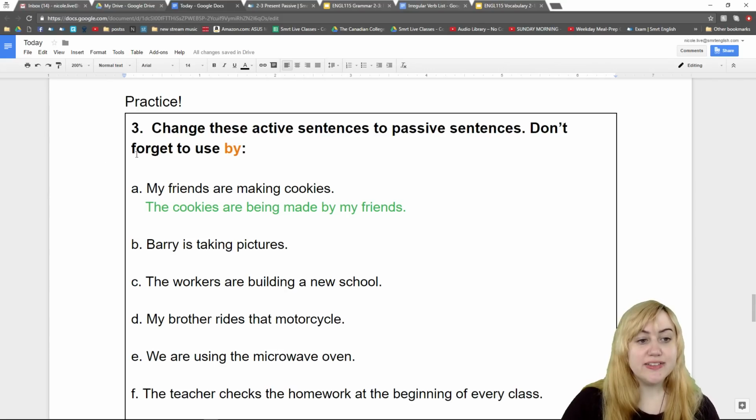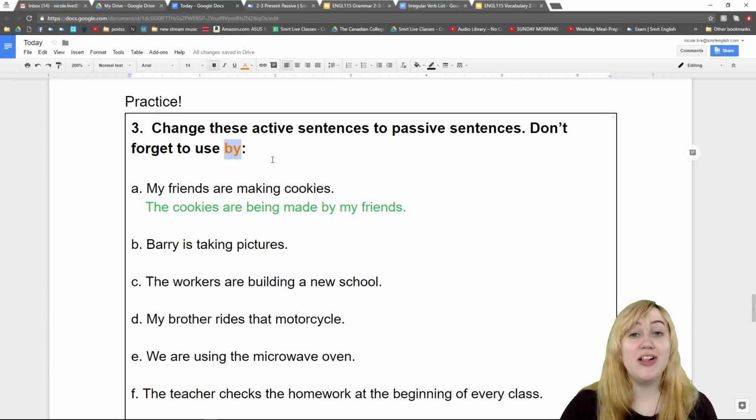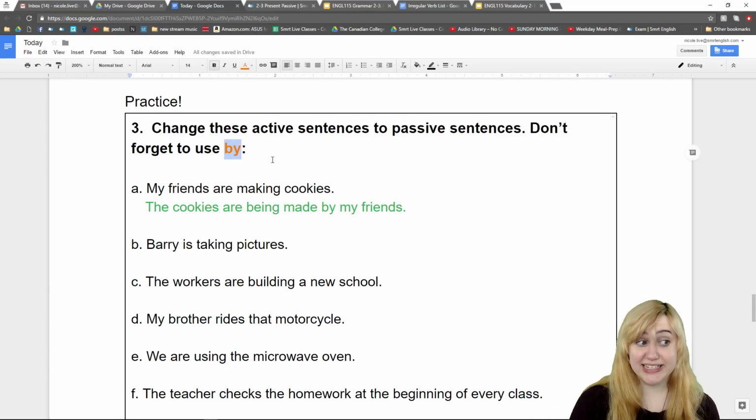The exercise says, change these active sentences to passive sentences, and don't forget to use by. So we can put by in all of our sentences just to practice. Normally you don't have to use by, just if you want, but we can practice using by for these ones.